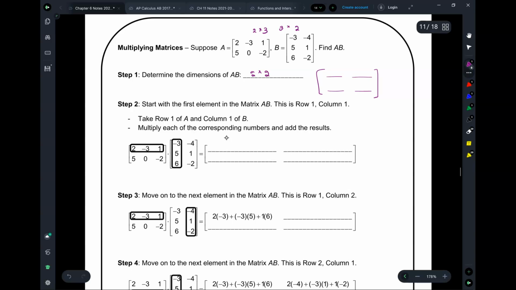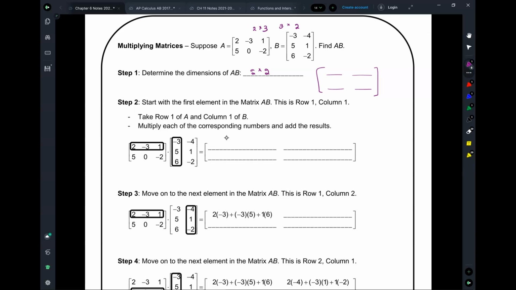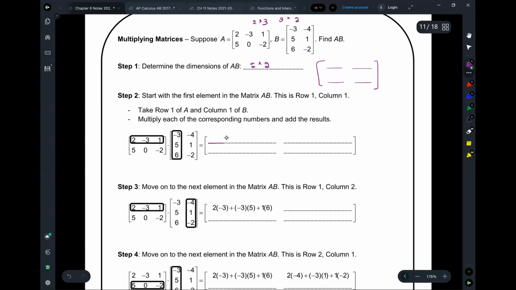All right. In order to multiply, here's what you do. Suppose first I want to get the answer that goes in that space. What's the position of that space? It's 1, 1: row 1, column 1. So in my matrices, I take row 1 and column 1.